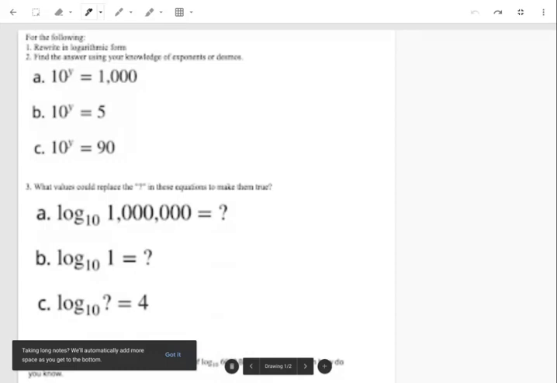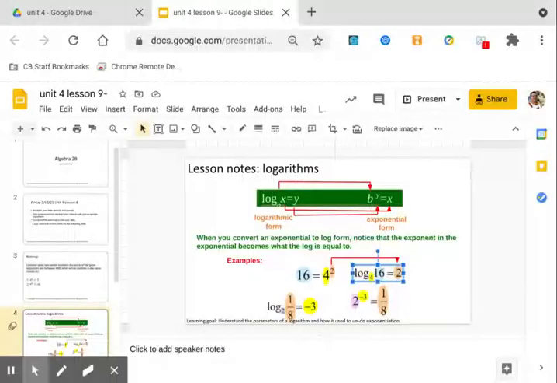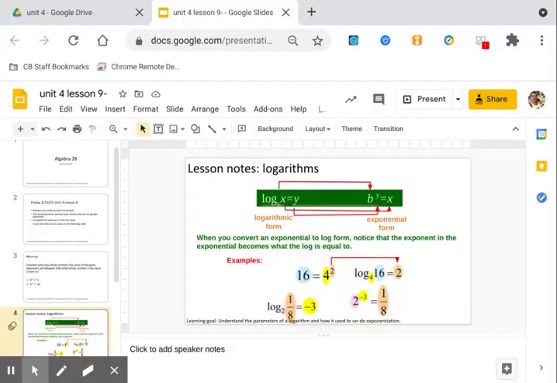Find your answer using your knowledge of exponents or Desmos. So we are taking the exponential and we are converting it to log form. So we are literally just going to follow this example right here.